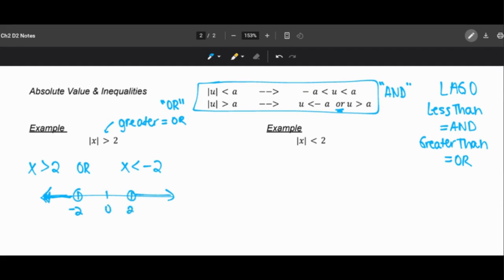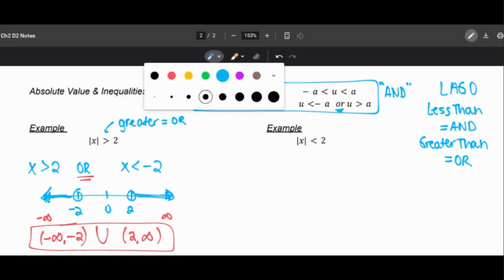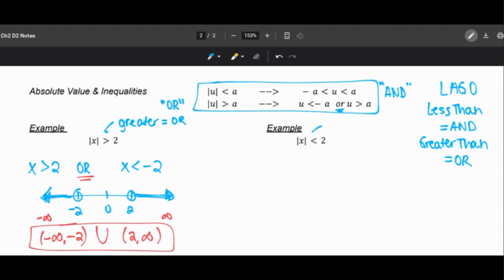I would be greater than 2, so to the right of 2 with an open circle. But we're going to do interval notation. So think about what do these arrows represent. So we have negative infinity to negative 2 with parentheses. The or symbol is a union symbol, so a big U, and then positive 2 to infinity. Remember, infinity never has brackets. It's always parentheses.